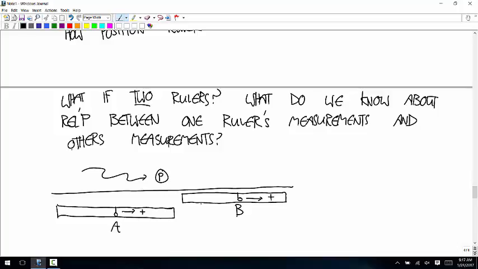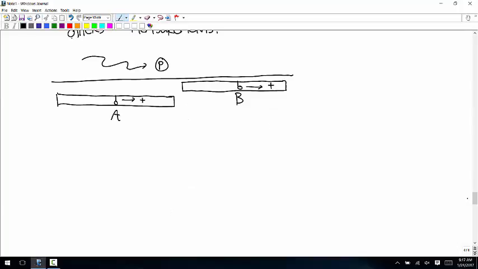That just has to do with where those zeros are. So the first thing we have to do is name these differing measurements.